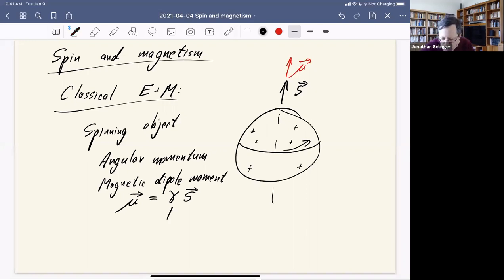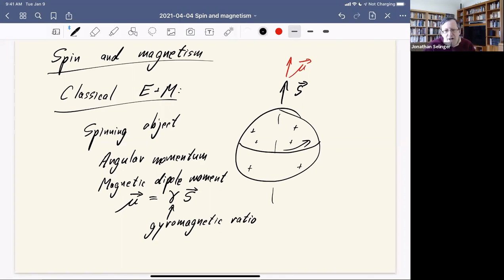And this constant gamma is called the gyromagnetic ratio. That word is a compound word.